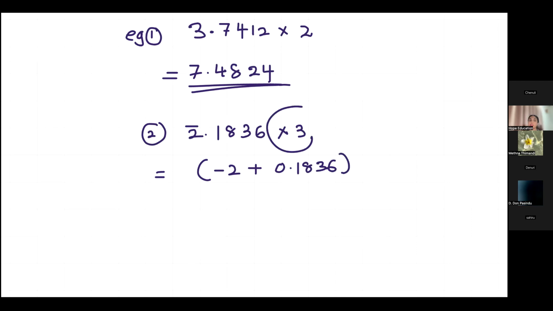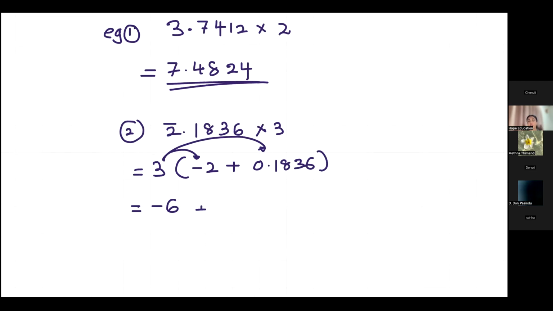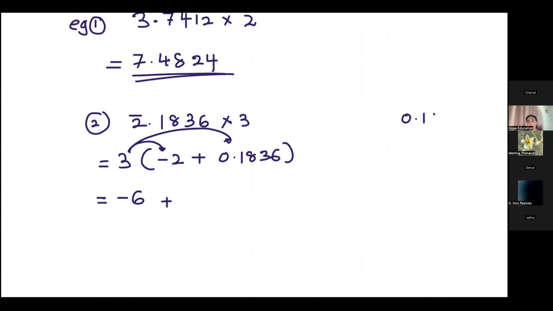Multiplied by 3. That means 3 should be multiplied by the characteristic. 3 should also be multiplied by the mantissa. Both have to be done. So 3 multiplied by -2 is -6. 3 multiplied by plus 0.1836. Let's see. 0.1836 multiplied by 3. 3 times 6 is 18, 1 remaining. 3 times 3 is 9 plus 1, 10, 1 remaining. 3 times 8 is 24 plus 1, 25, 2 remaining. 3 times 1 is 3 plus 2 is 5.